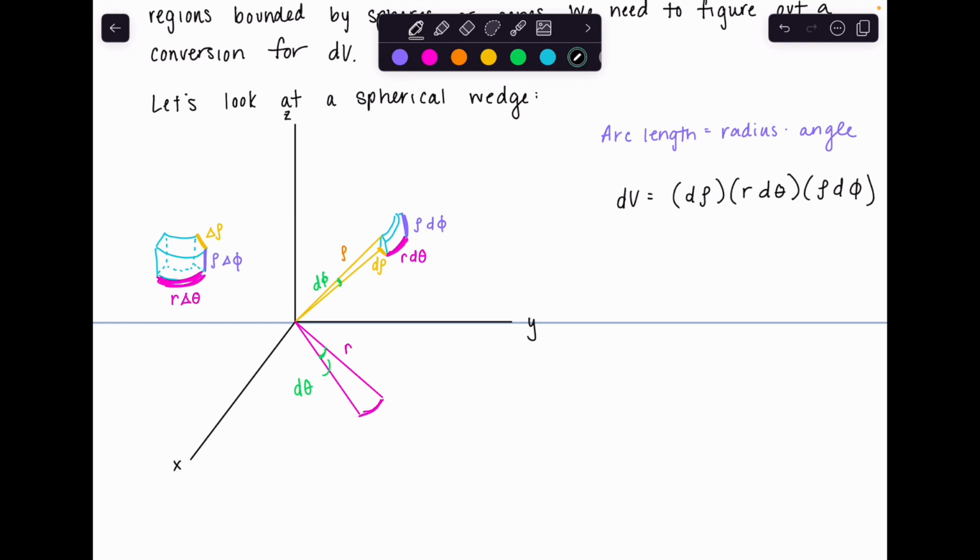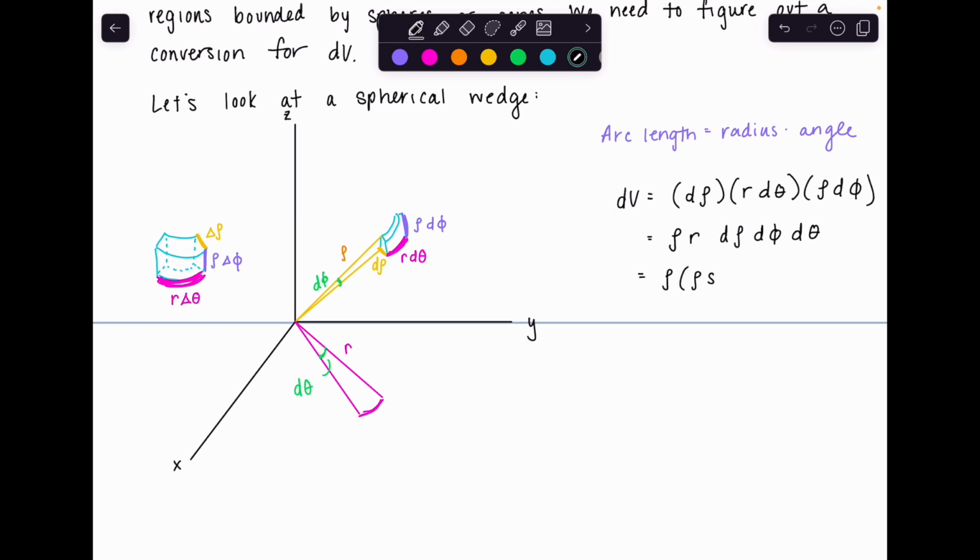Okay. So rearranging this a bit, we've got rho, we've got r, and then typically the order we like to do for this is d rho, d phi, d theta, just to stay consistent with it. But again, I can't have an r in here. Everything needs to be in terms of rho, phi, and theta, but we know what r is equal to.